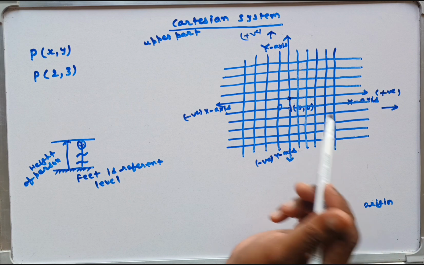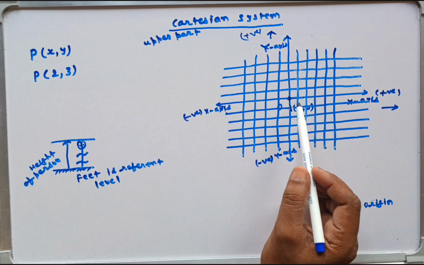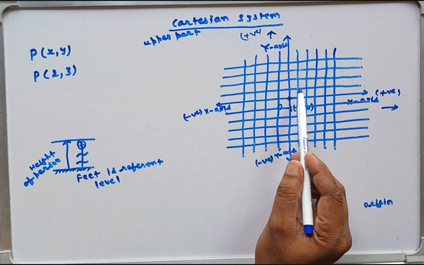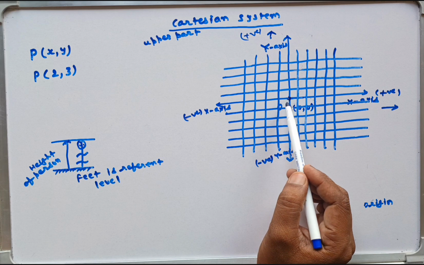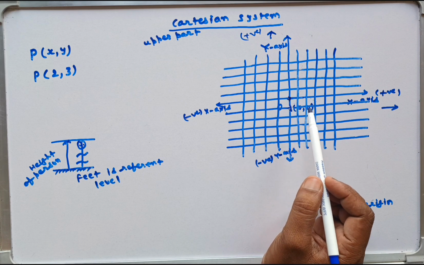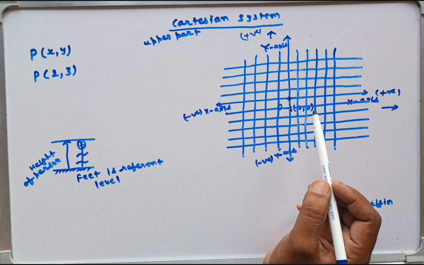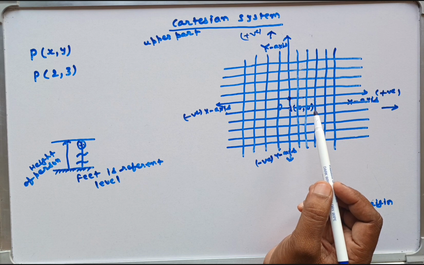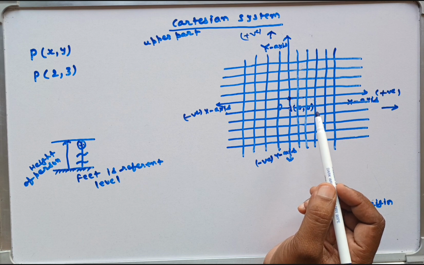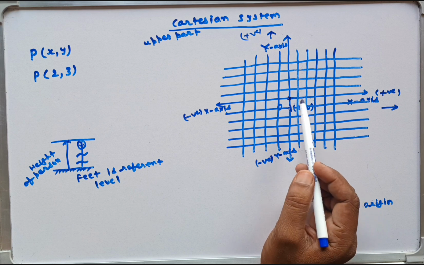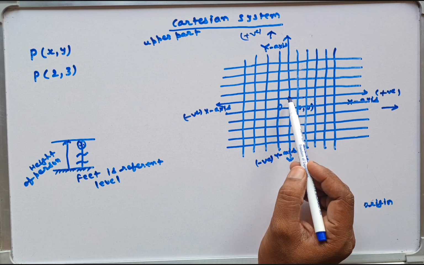So guys, now you see all squares are equal in shape and size. This point here is 0, 0.